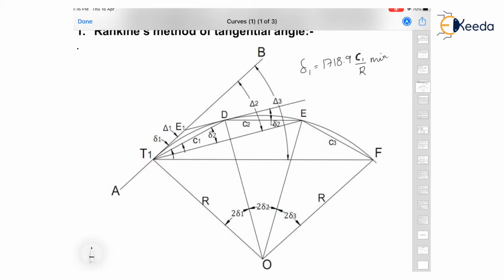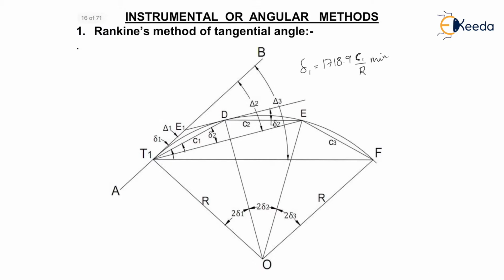The unit is minutes. We have to convert it into degrees if required. We can find delta 2, delta 3 depending upon the number of chords. So this one is for your first chord C1. Likewise, if we have n chords, in this figure we have 3 chords, so we go for delta 1, delta 2 and delta 3.